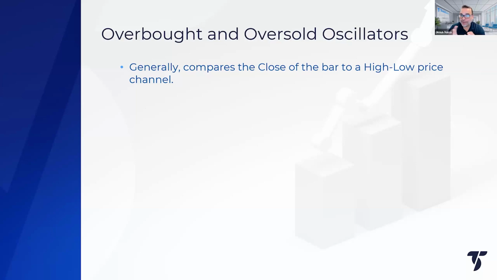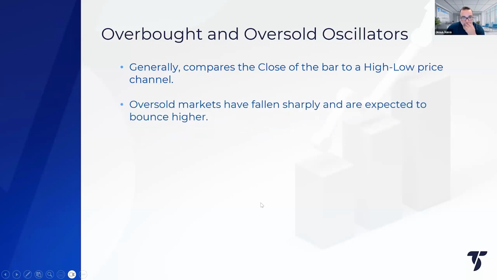But all these three indicators are going to look back 14 trading days and establish a high to low channel, and then determine where the closing price is in relationship to that. They all do this in slightly different ways, but very similar. When oversold markets have fallen sharply and are expected to bounce higher, that's one of the first concepts.